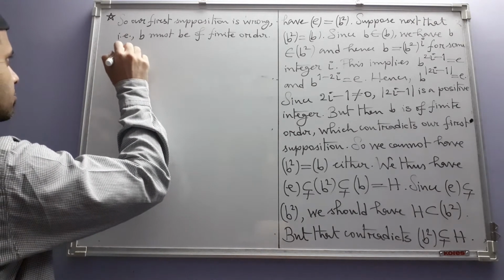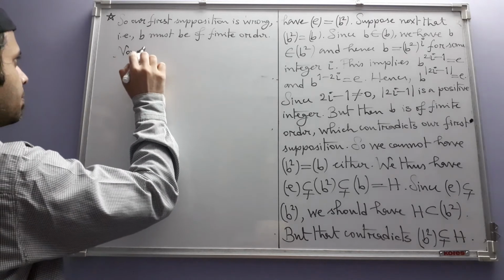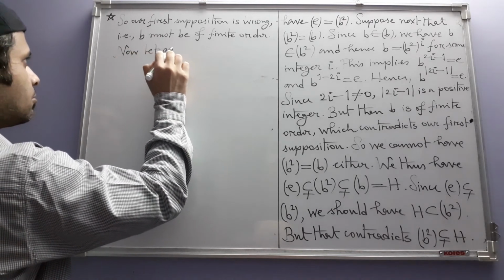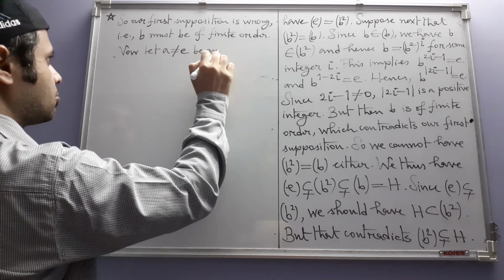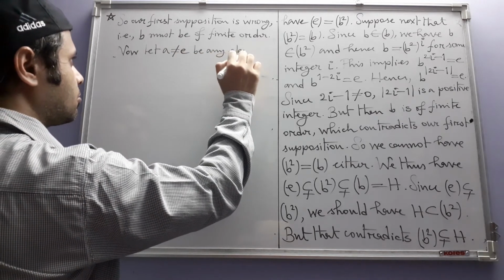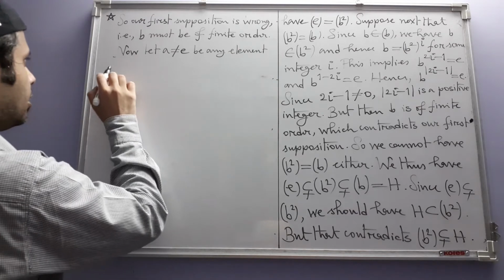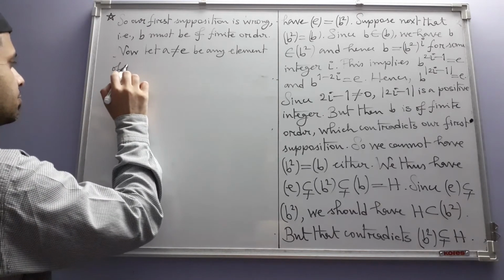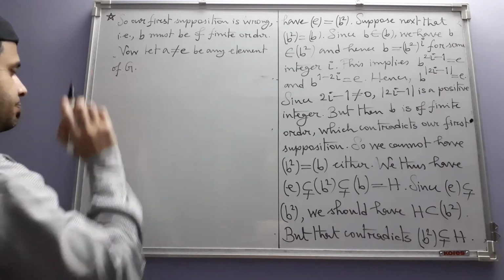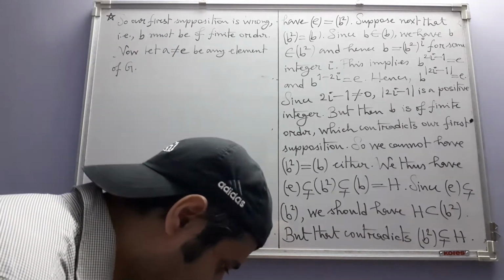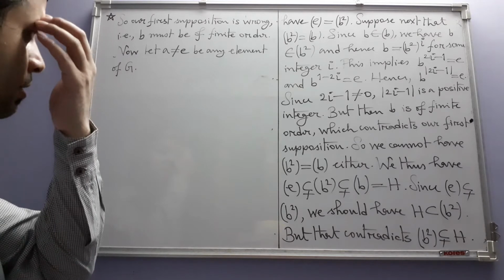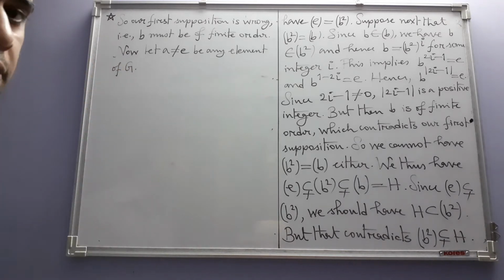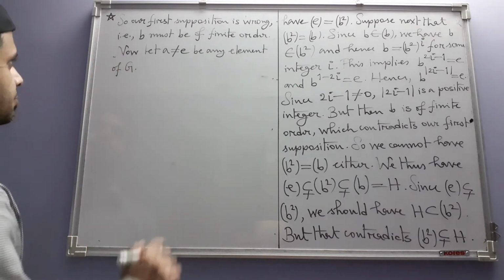Now, let A not equal to B be any element of G. Okay, we now have to somehow use this information or whatever we have proved to show that A has finite order.